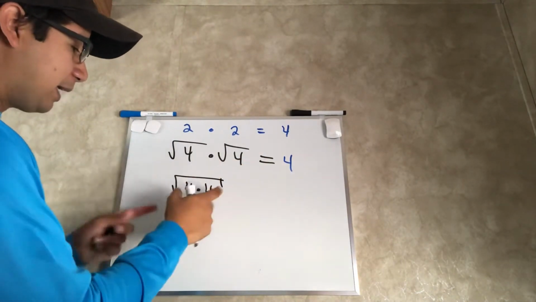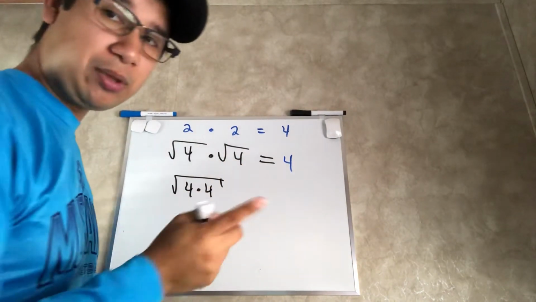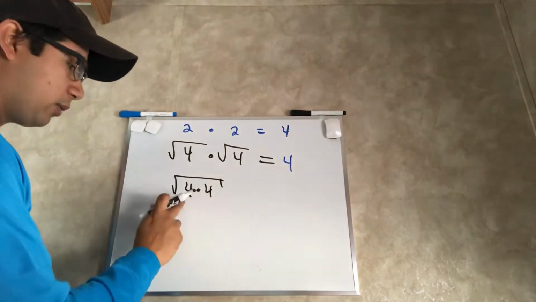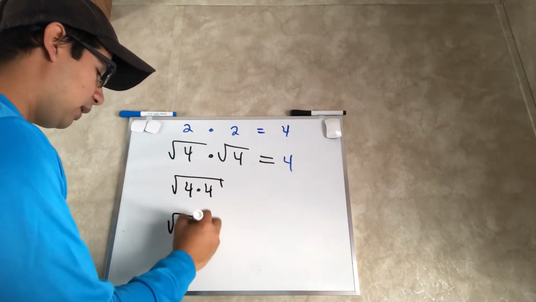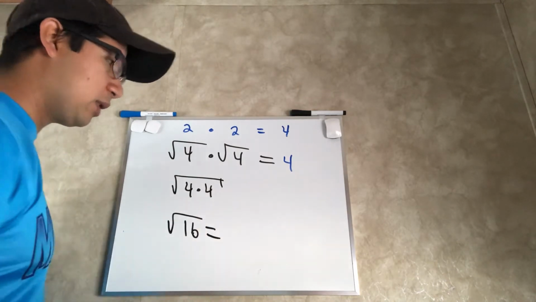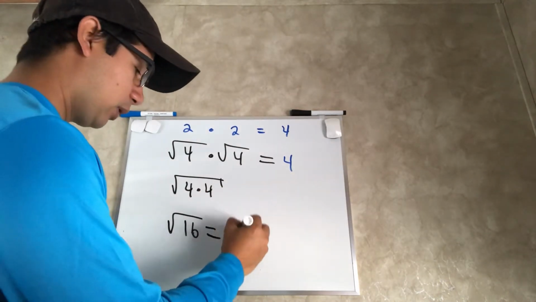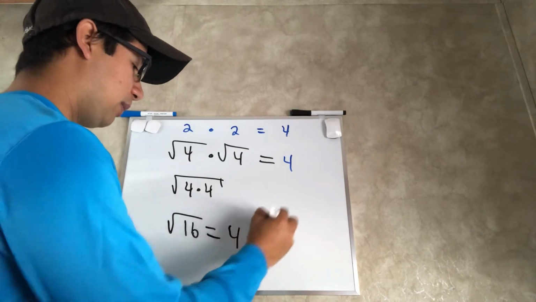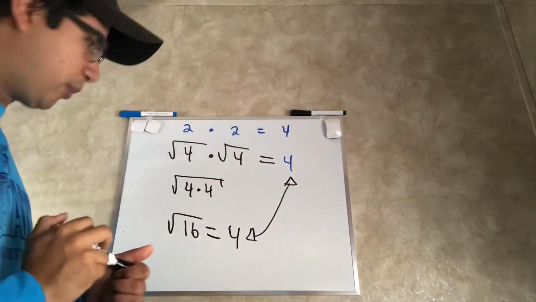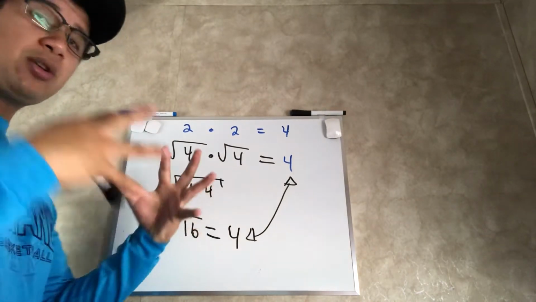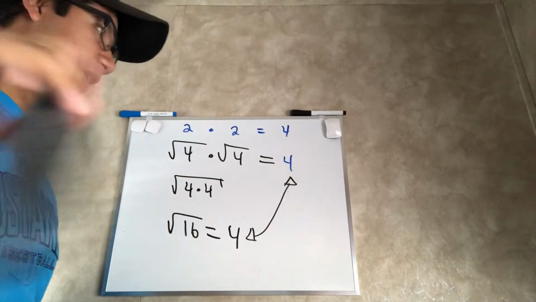You could put them inside that same radical only if they're being multiplied. Then 4 times 4 is 16, the square root of 16. And what's the square root of 16? It's 4. See how these 2 answers are the same? So remember, if 2 radicals are being multiplied, you could join the numbers inside.